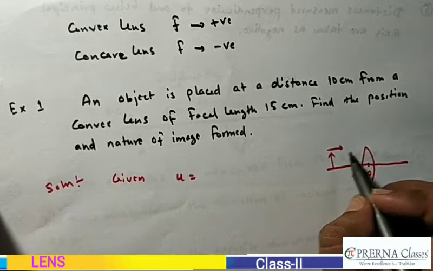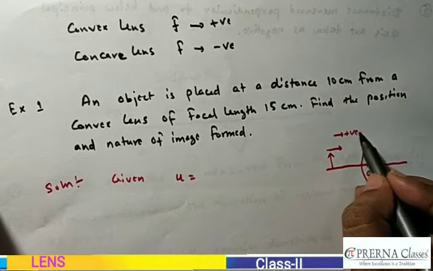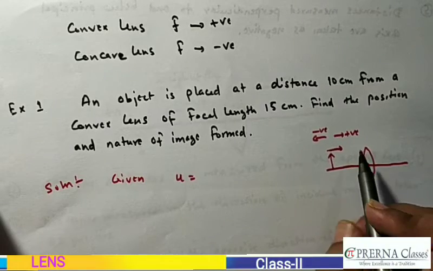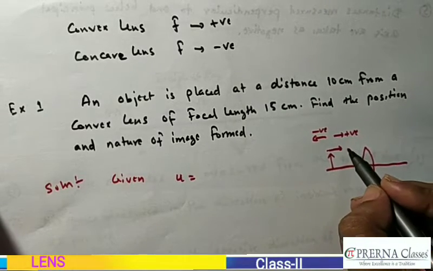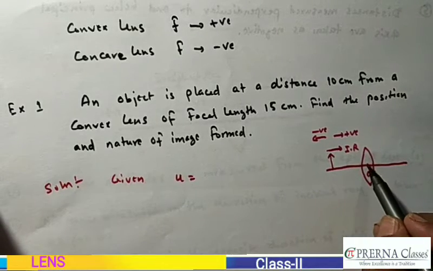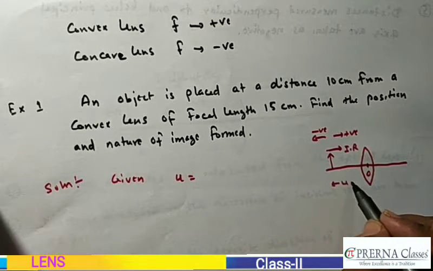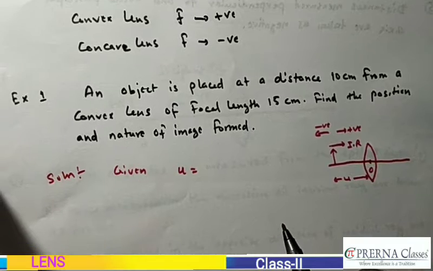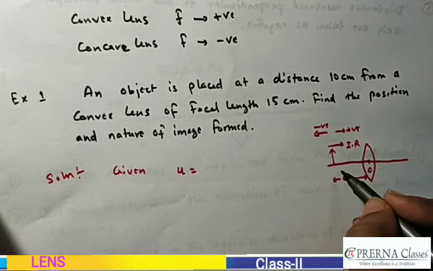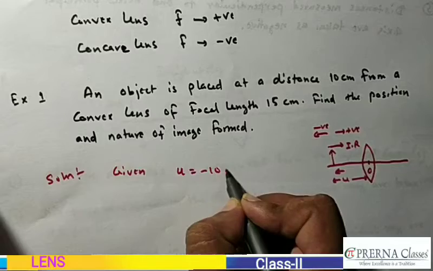Distances measured in this direction will be positive and in the opposite direction will be negative. Remember, distances are measured from the optical center. So this is u. Now you are measuring from O in this direction, so it will be negative, that is minus 10 centimeter.